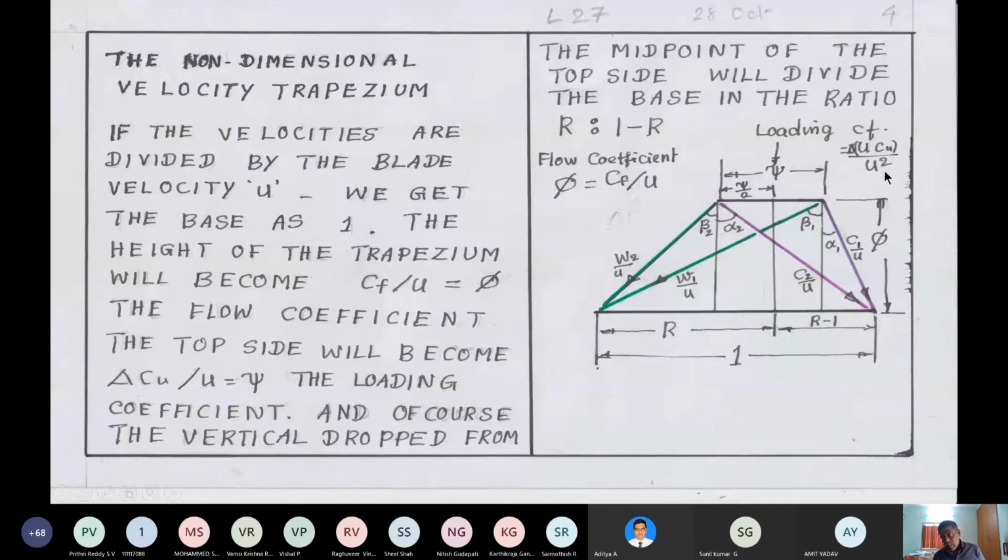Because U is there and U square is in the denominator, finally you will have only delta Cu by U. So that is exactly the length here in the non-dimensional form.